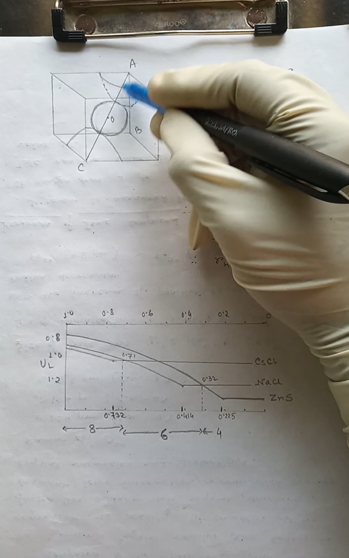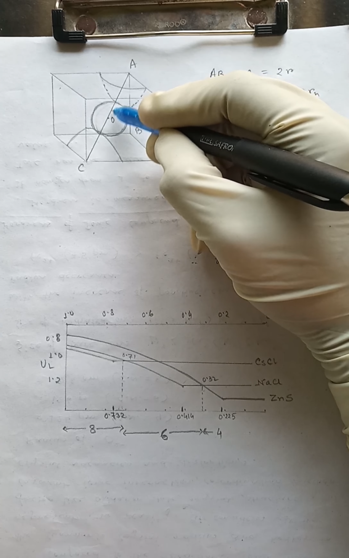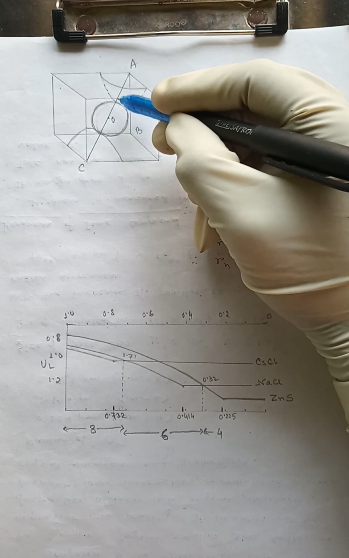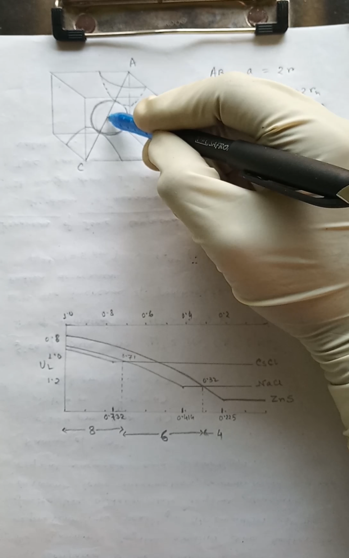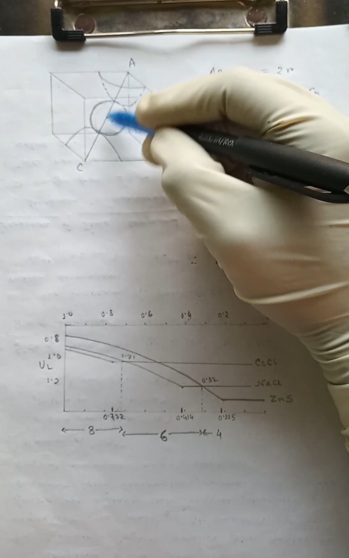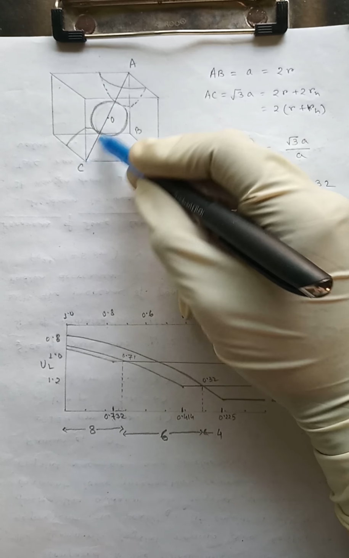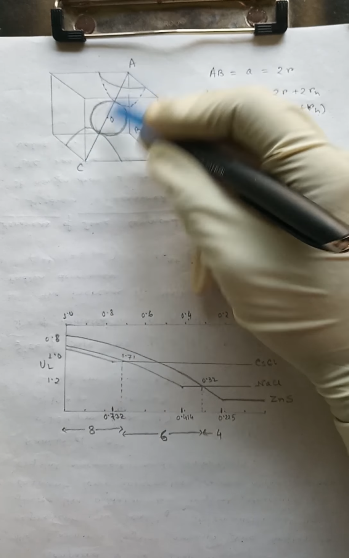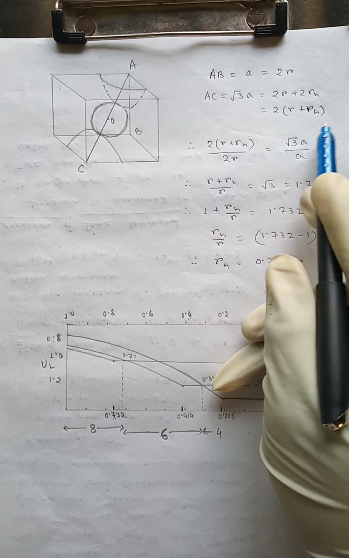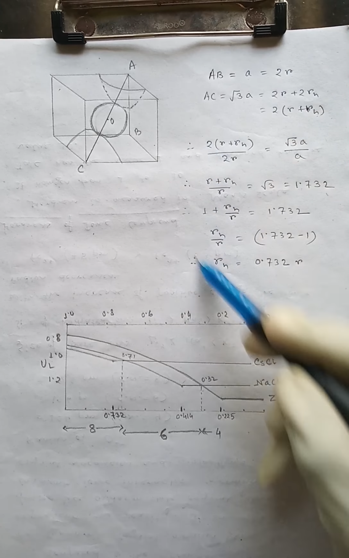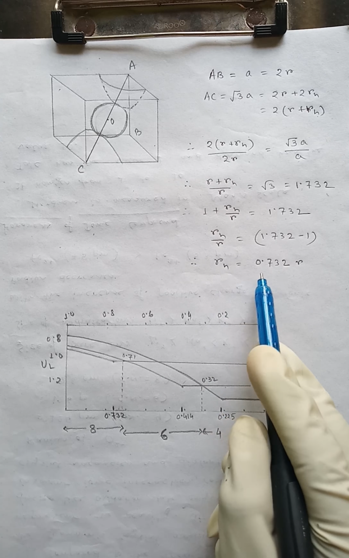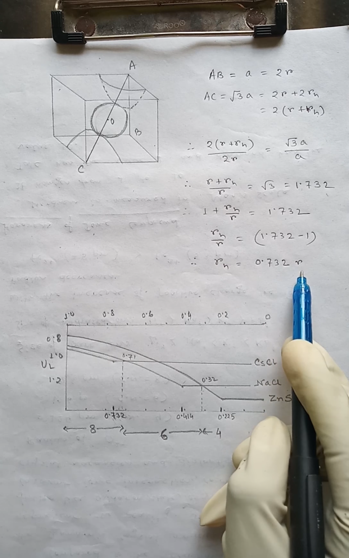Look at this, the body diagonal AC. This one is r, and this is the diameter of the hole, which is equal to 2rh, because the radius is rh, so the diameter will be 2rh, and this one is also r. So AC is equal to 2r plus 2rh, and with a brief calculation we will get rh is equal to 0.732 r.